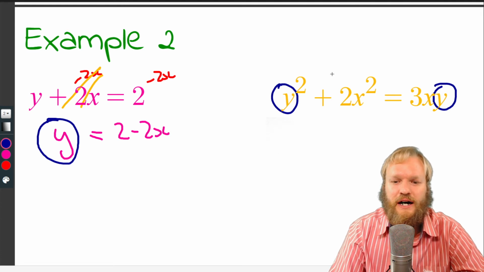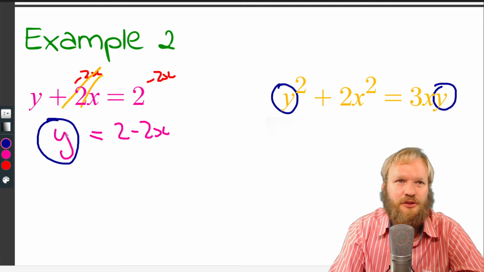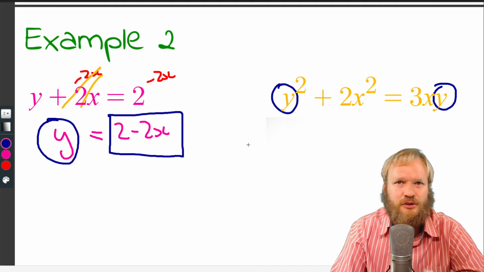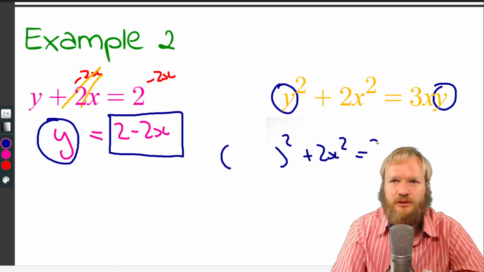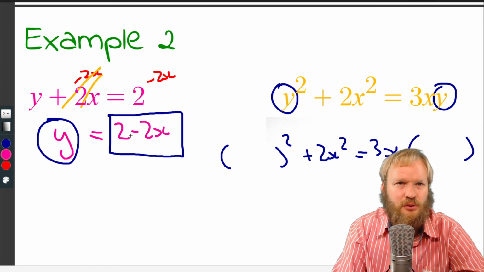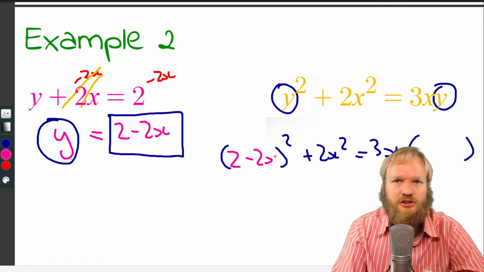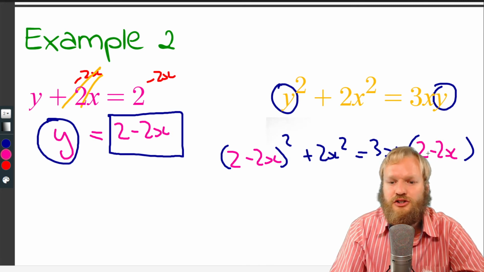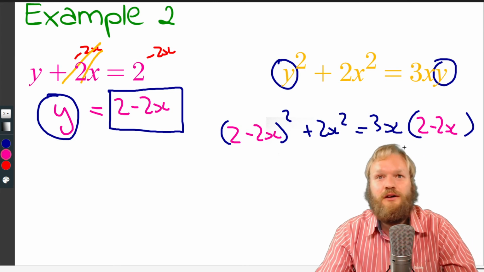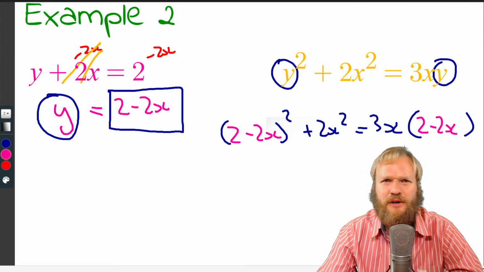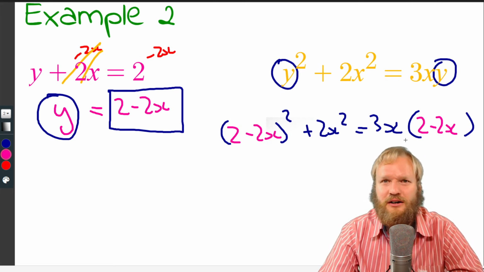So whenever we see a y in this equation, we're going to replace it with this way of writing y, because these two are equal. So in y squared plus 2x squared equals 3xy, wherever we see a y, we're going to write 2 minus 2x. Here's a y, another way of writing that is 2 minus 2x. Okay, so not too bad. Rearrange y, put it in here.